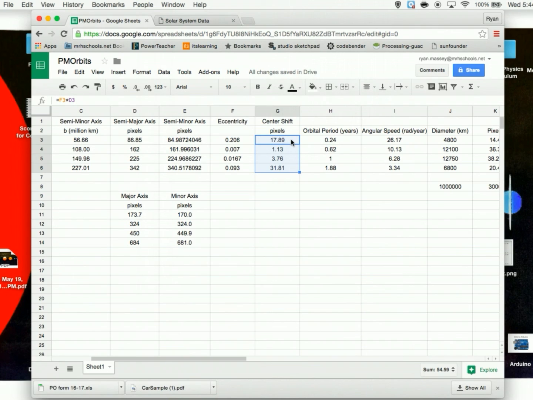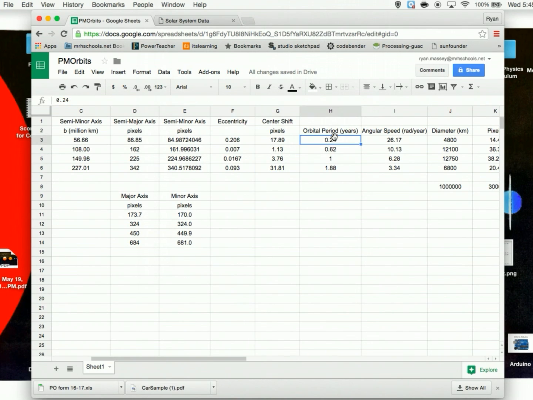So at this scale, the orbit of Mercury needs to be shifted over by 18 pixels really. Venus and Earth have very low eccentricity, so very small shift. The sun is very, very close to that midpoint of the major axis and not very elliptical in orbit. And then Mars does have a bit of eccentricity, and it also has a larger orbit, so the shift gets proportionally a little bit bigger.